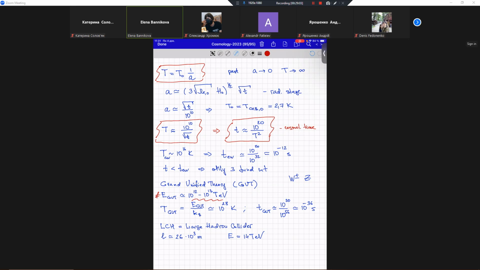So it means we would need to build a collider with a length of 18 centimeter.